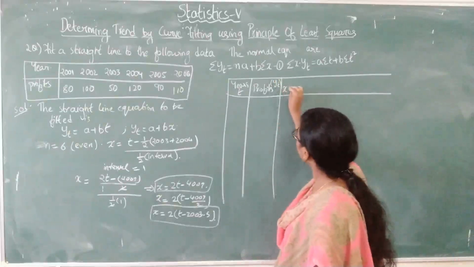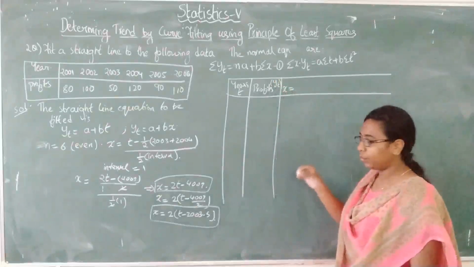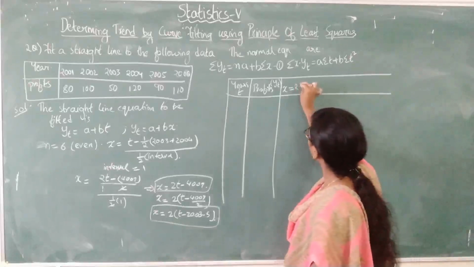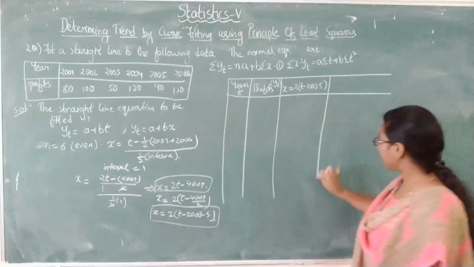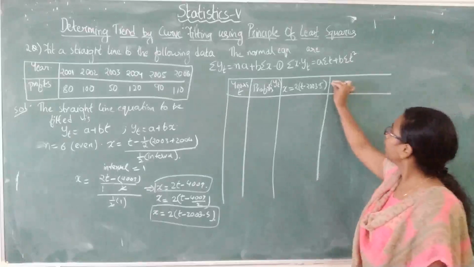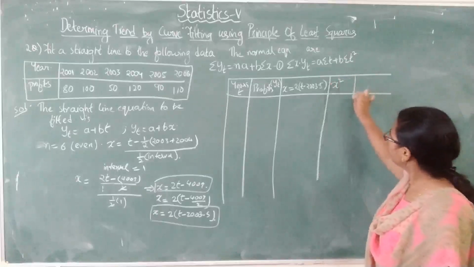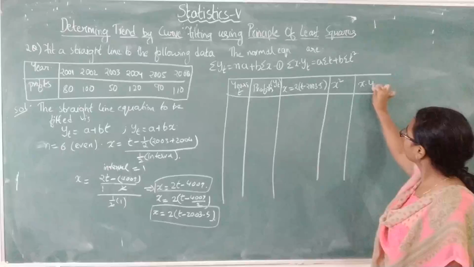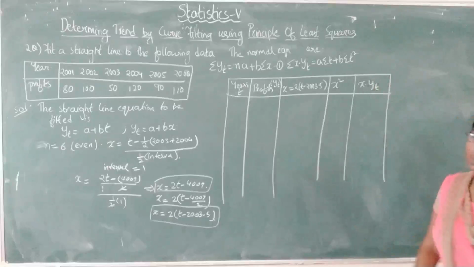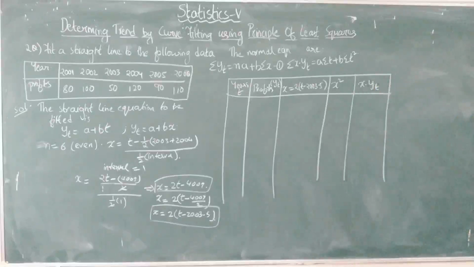What is x equal to? 2 into t minus 2003.5. So these are the x values. Next we will find the x square value, and similarly the x into yt also.